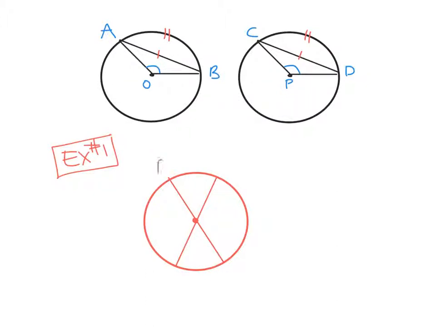This is R, P, T, V, and D. And then we're going to draw in a chord from R to P, and a chord from V to T.